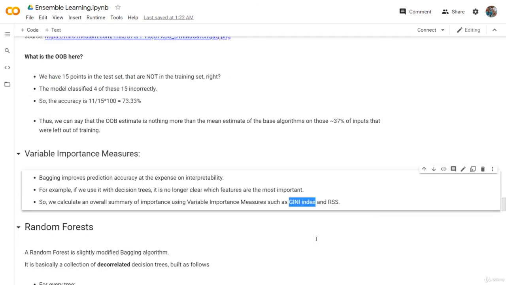Now in the next lesson, we will see a slightly modified bagging algorithm called the random forest, which is one of the most famous machine learning algorithms, but you wouldn't really understand it unless you understand what bagging is. Bagging by itself is not actually used that much. Random forests are used much more than bagging by itself. But in order to understand random forest, we need to understand bagging.